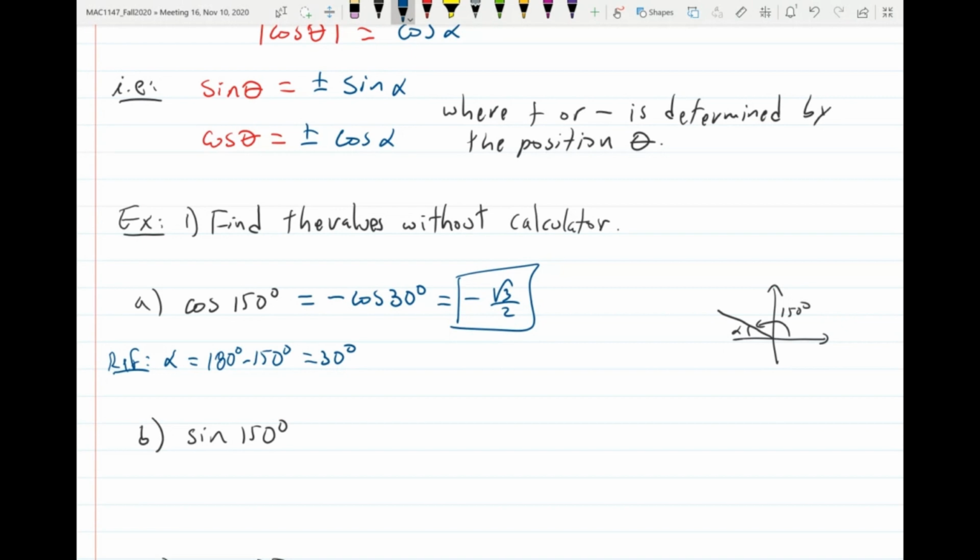All right, similarly, we already found the reference angle, so the job is done here. Sine of 150 is going to be the same as plus or minus sine of 30. We need to decide which one we pick, the plus or the minus. How do we know?